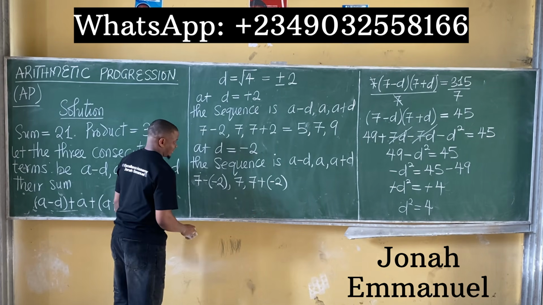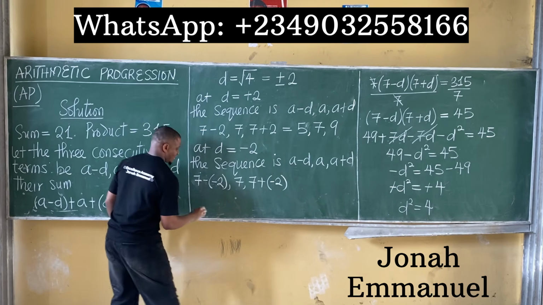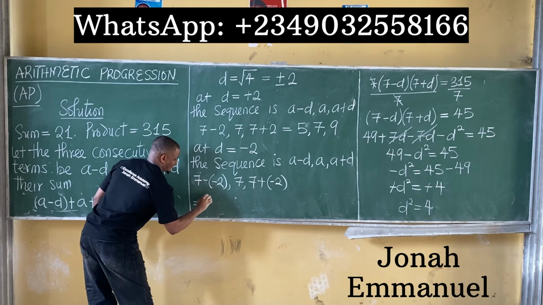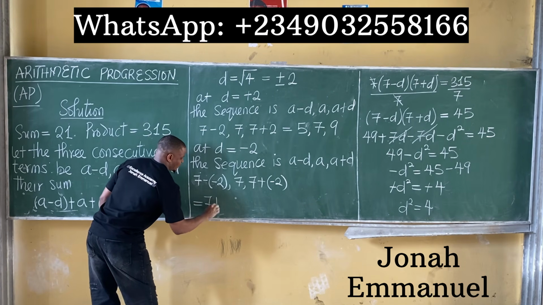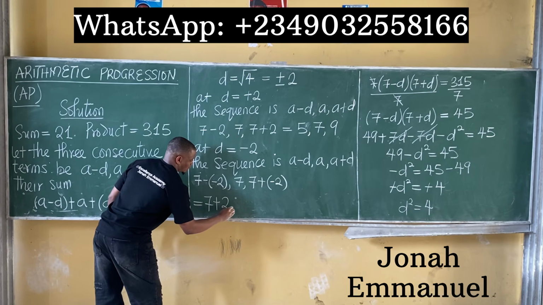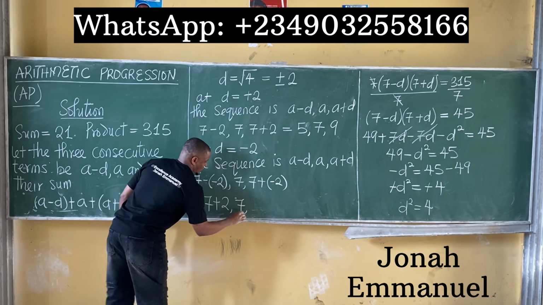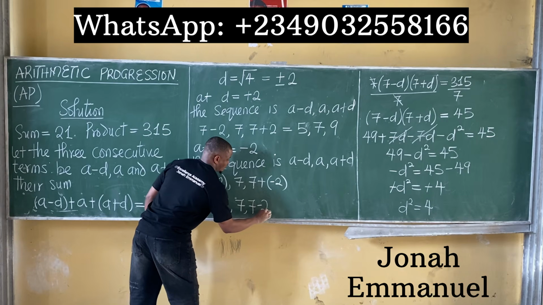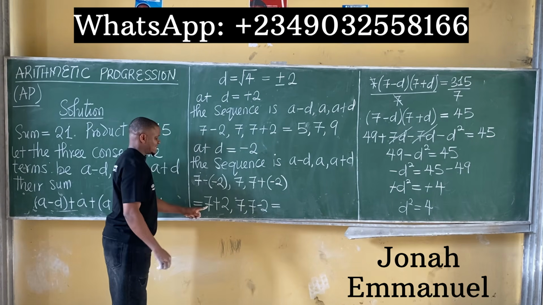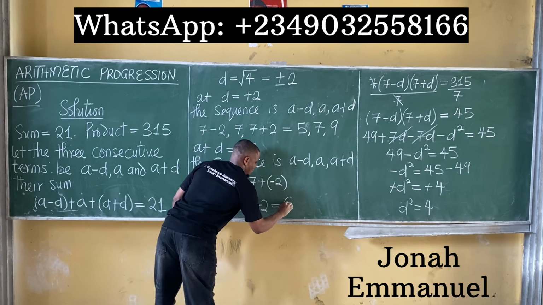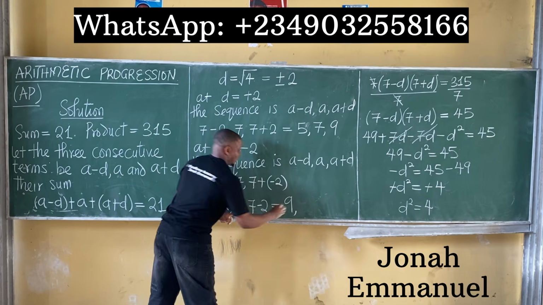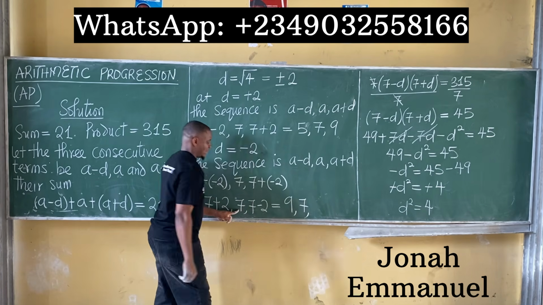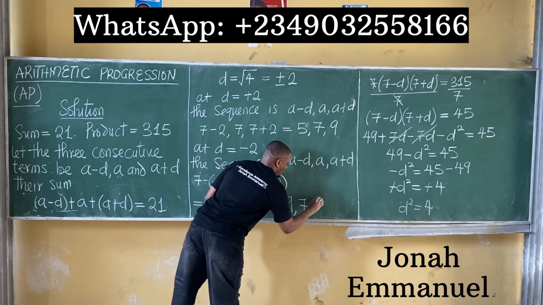Work on this. This gives you 7 minus minus 2, that is plus 2, and then 7, and then 7 plus minus 2. So what do we have there? 7 plus 2 is 9, and then 7, and then 7 minus 2 we have 5.